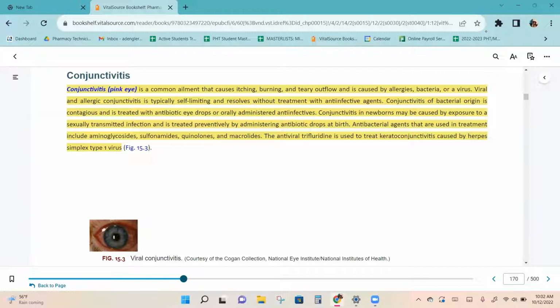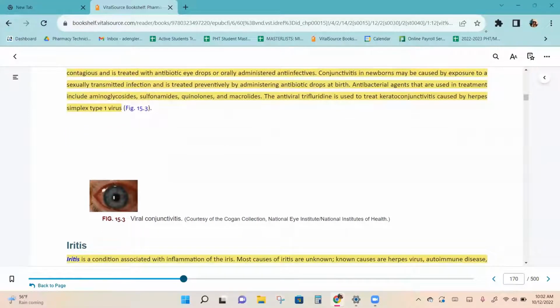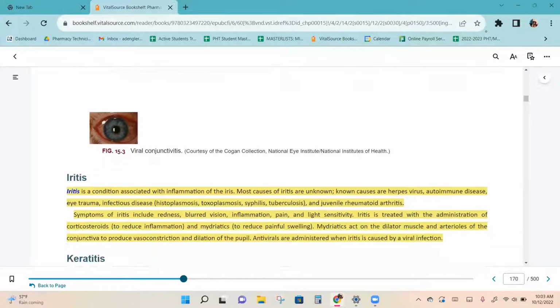Conjunctivitis in newborns may be caused by exposure to a sexually transmitted infection and is treated preventively by administering antibiotic drops at birth. Antibacterial agents that are used in treatment include aminoglycosides, sulfonamides, quinolones, and macrolides. The antiviral trifluridine is used to treat keratoconjunctivitis caused by herpes simplex type 1 virus.